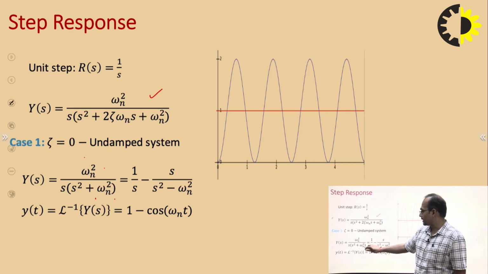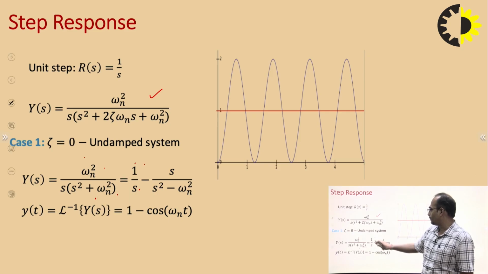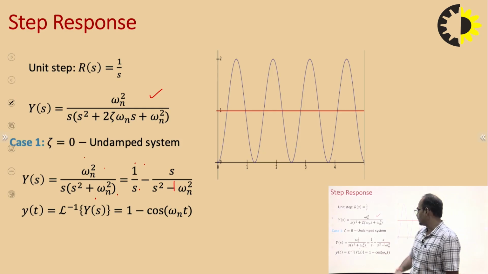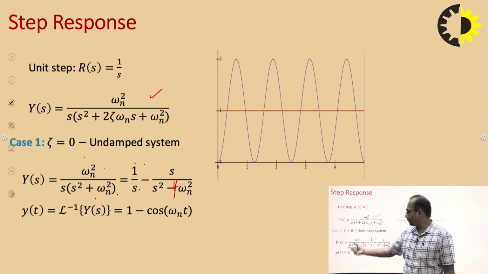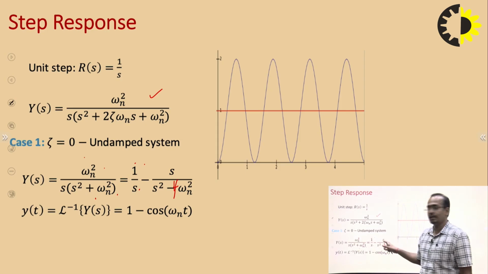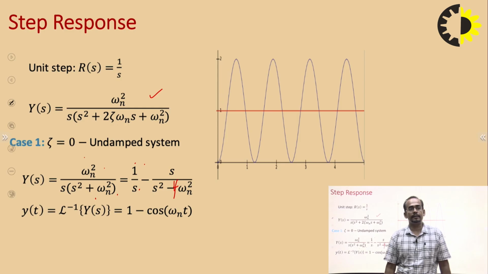By using partial fraction, I will get 1 by s minus s upon s square plus omega n square. For finding y(t), I have to take the inverse Laplace of this. So what will I get? y(t) is equal to 1 minus cos omega n t.